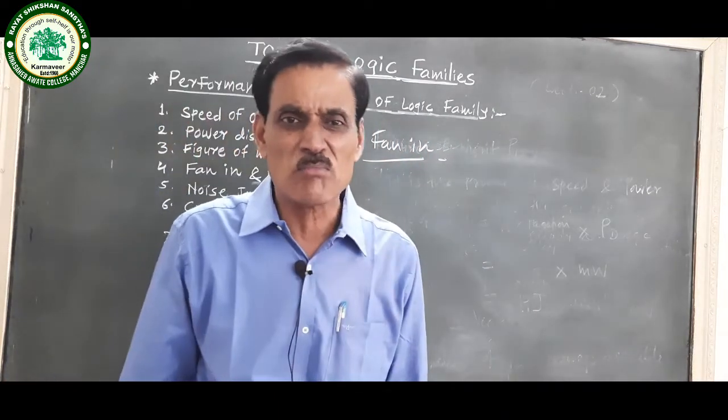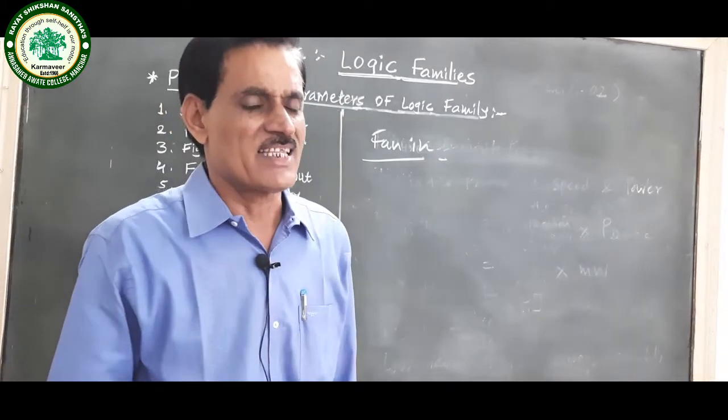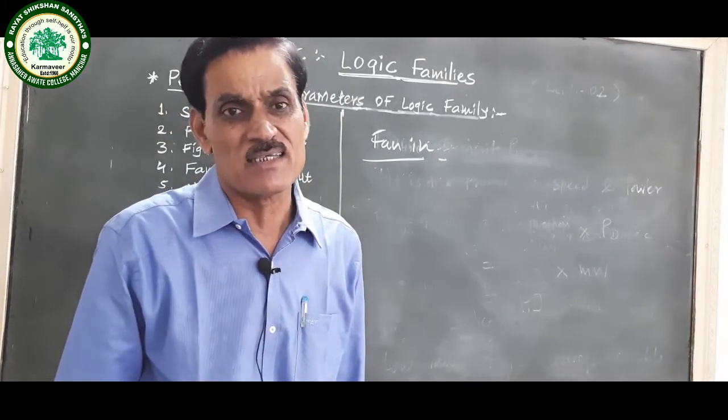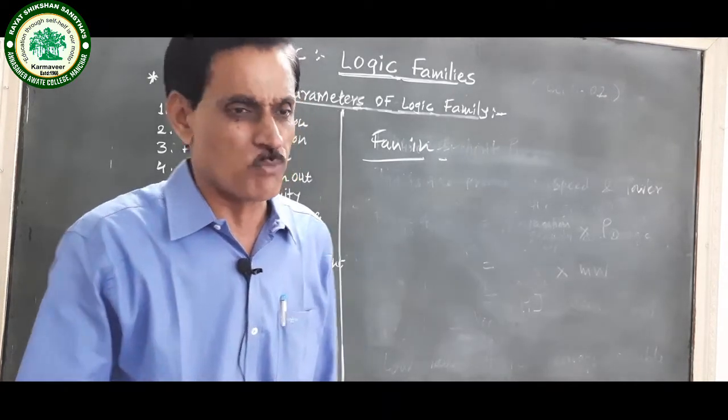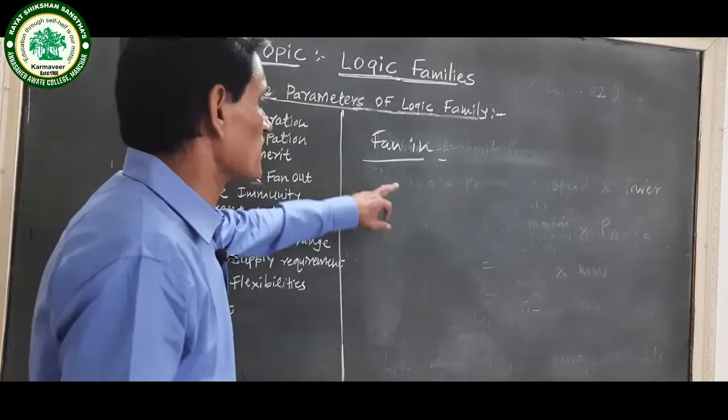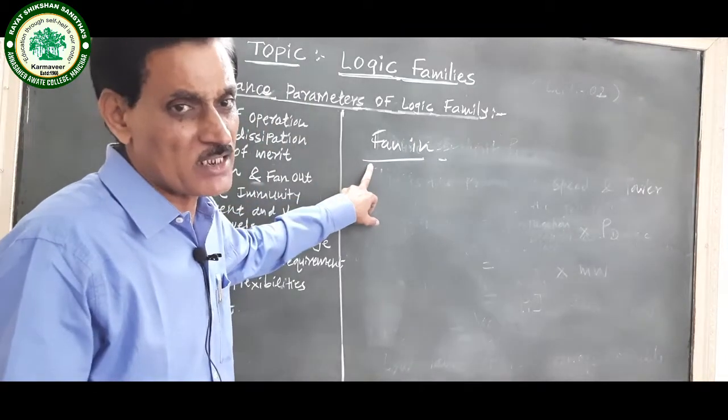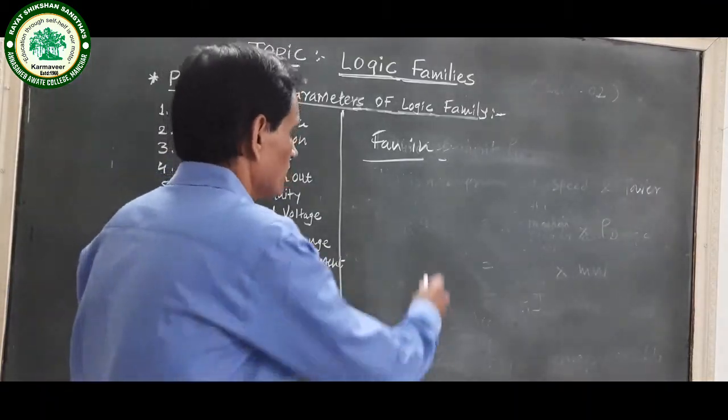The maximum number of inputs that can be accepted by the logic gate without producing a false output is measured in terms of a parameter known as fan in.